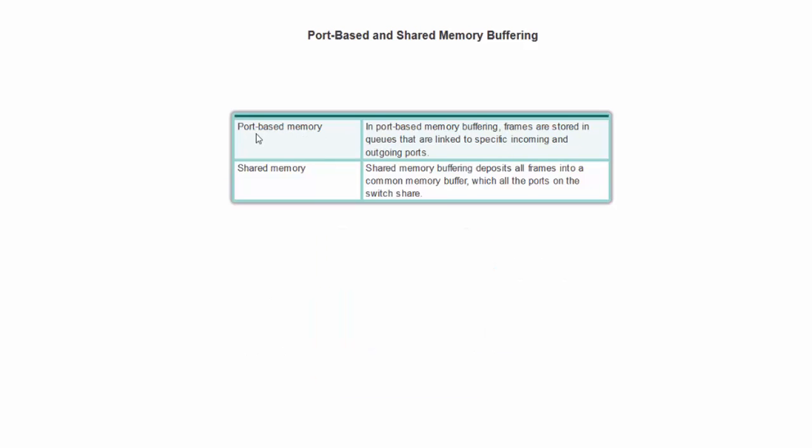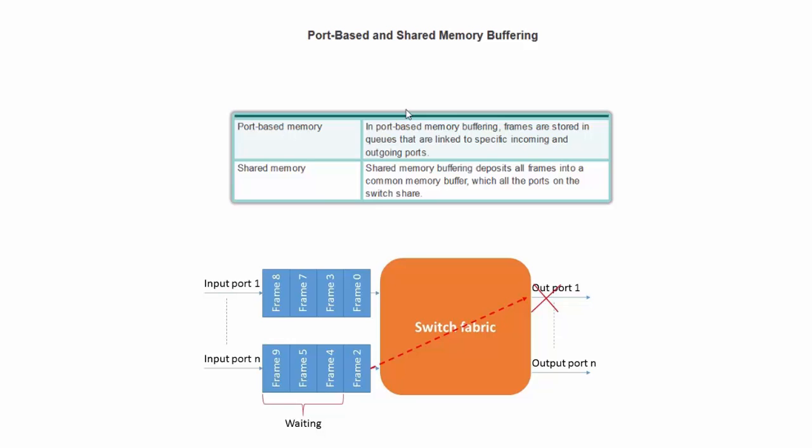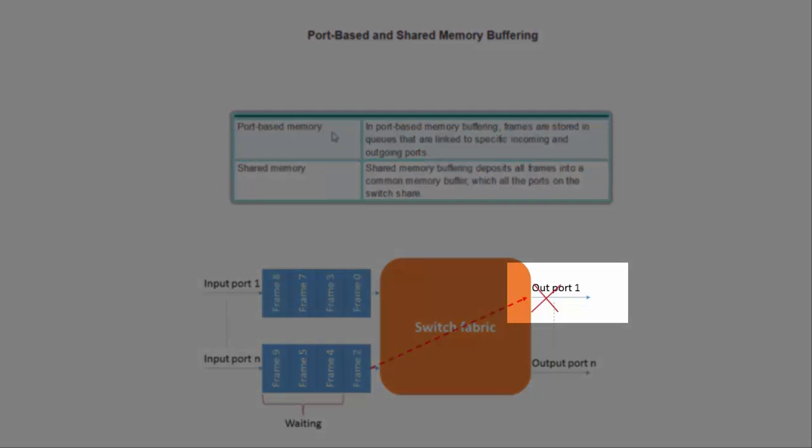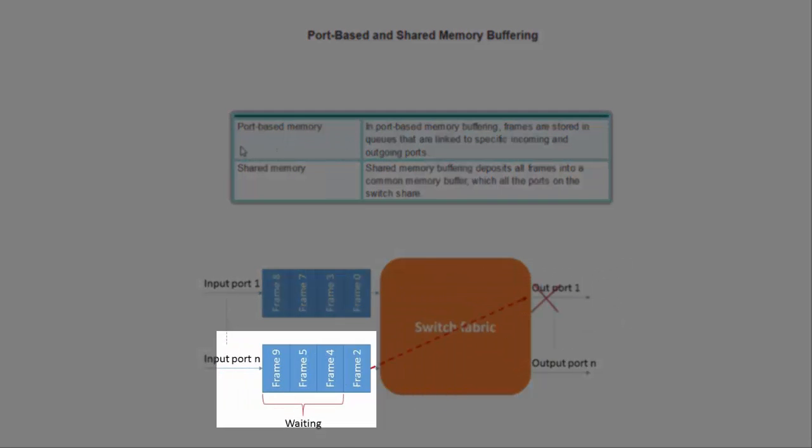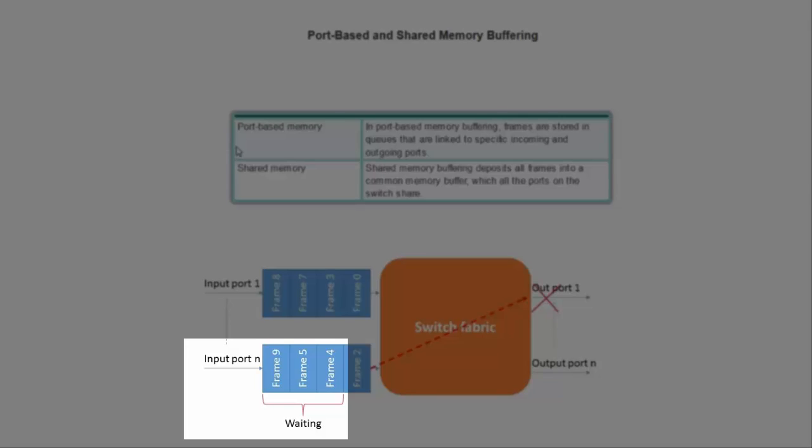One disadvantage for port-based memory is that it always suffers from what we call head-of-line blocking, which means that if the output port is busy sending a frame, that blocks all the frames on the input queue that are waiting to be sent to a specific output port. This is called head-of-line blocking.